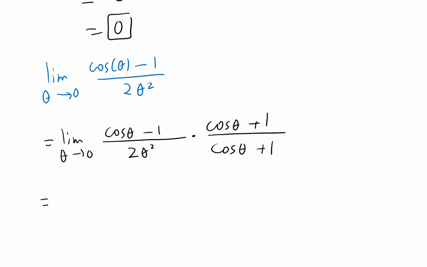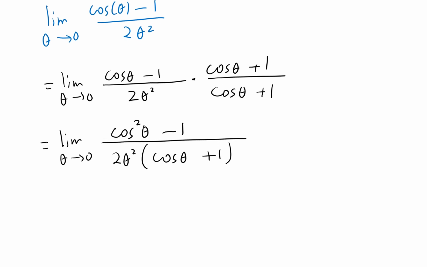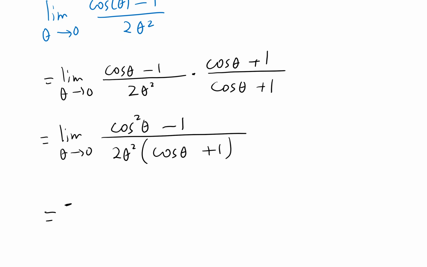And what do we get for the top one? It's cosine squared theta minus 1 over 2 theta squared times cosine theta plus 1. We can factor a negative on the top, and we can take the 2 out, so I factor a negative 1.